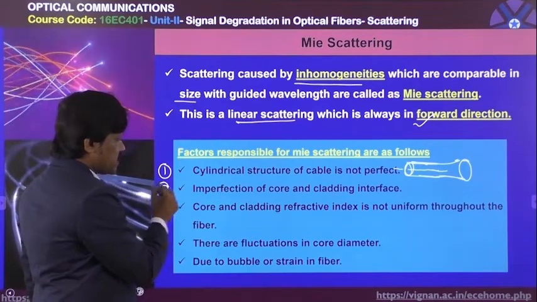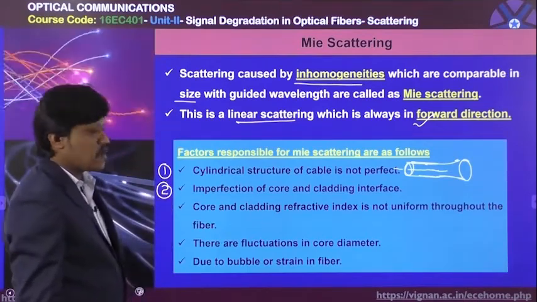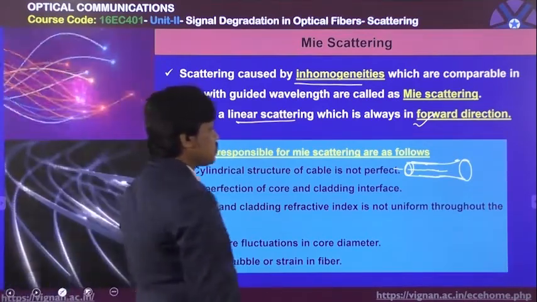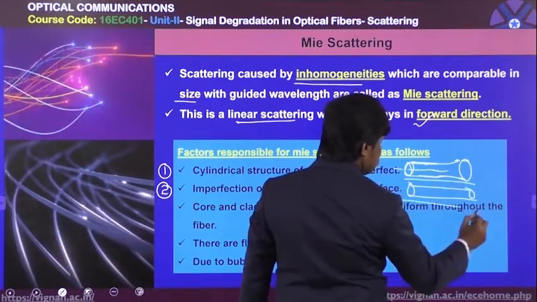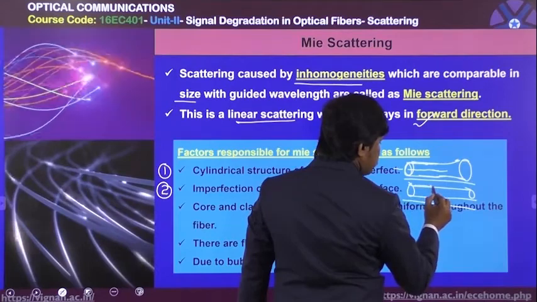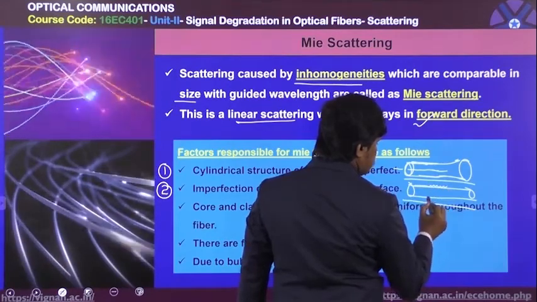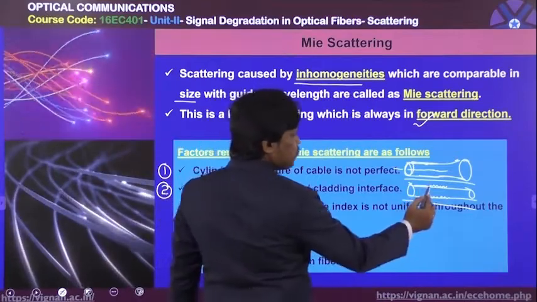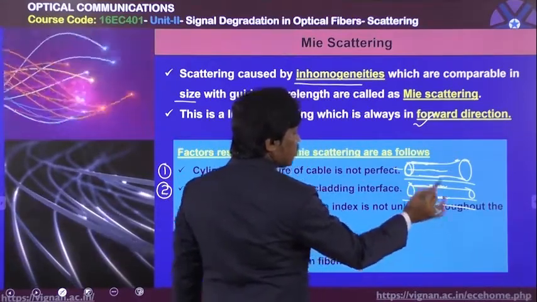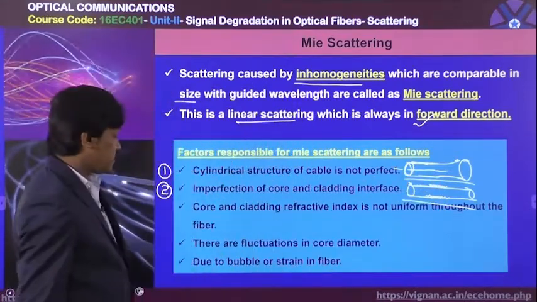The second one is imperfection of the core and cladding interface; there may be some imperfections in the core and cladding interface.